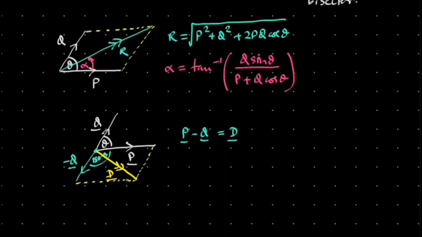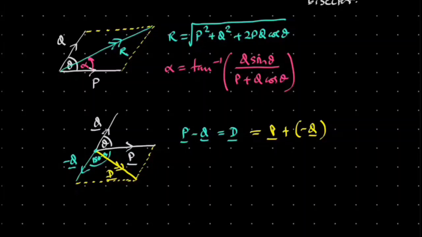And I can still use the formula because subtracting Q from P is the same as adding P and minus Q together. So treating them as any two vectors, since I know how to add any two vectors, by doing P plus minus Q, I can get to P minus Q. So how do I add P and minus Q?